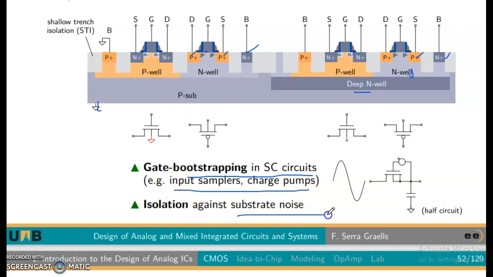Isolation against substrate noise. Off circuit. Gate bootstrapping in switched-capacitor circuits, input sample, charge pumps.